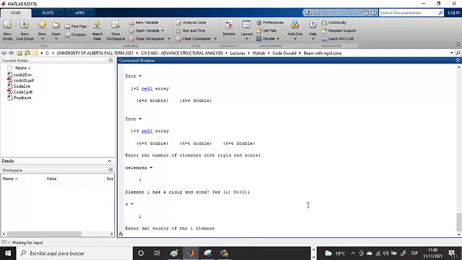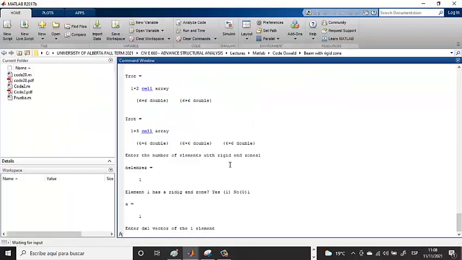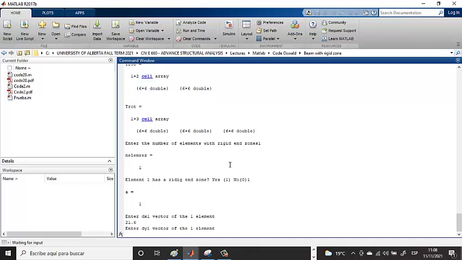What is the dimension of the rigid zone? If we multiply 0.05 by the total length, we will determine that this value is 21.6. It's a vector, right? In the x direction, we have this 21.6 at the beginning, and the dimension of the rigid zone in the y direction is equal to 0.